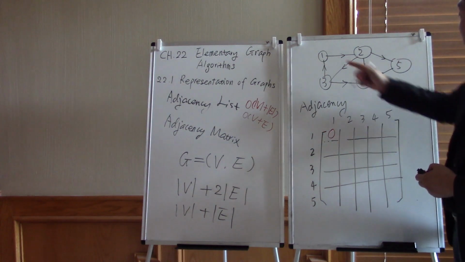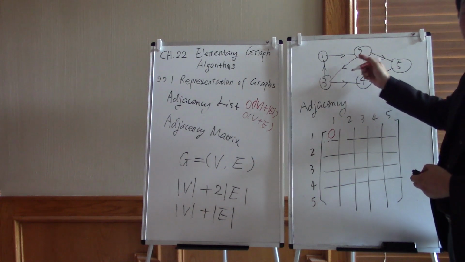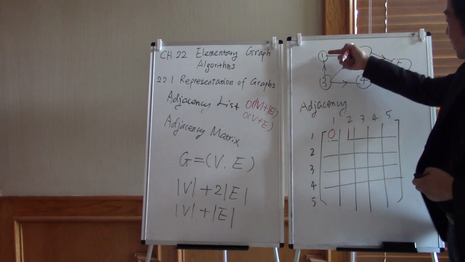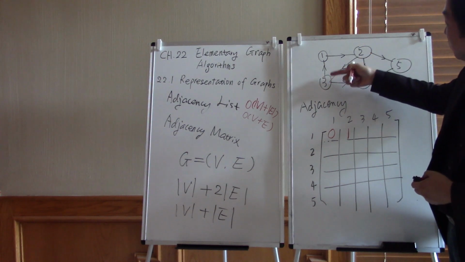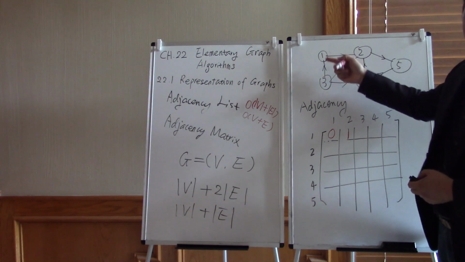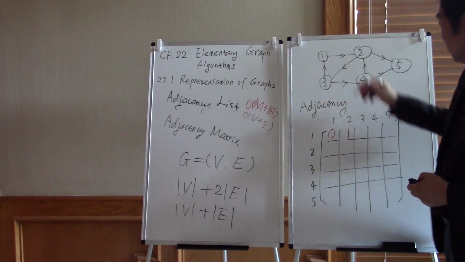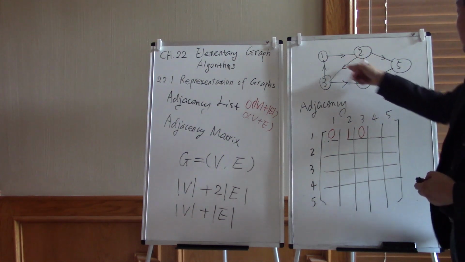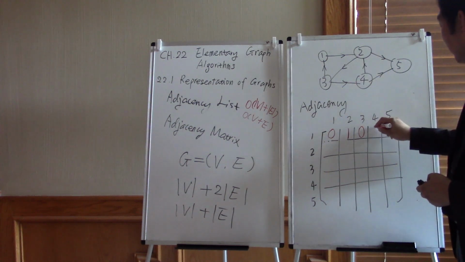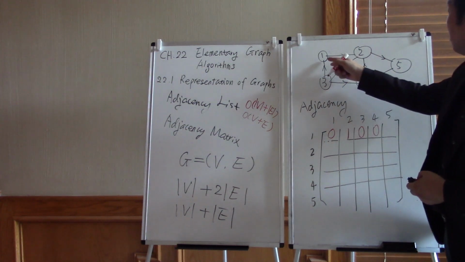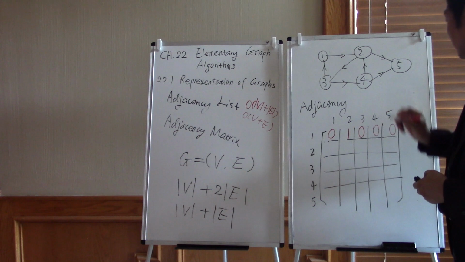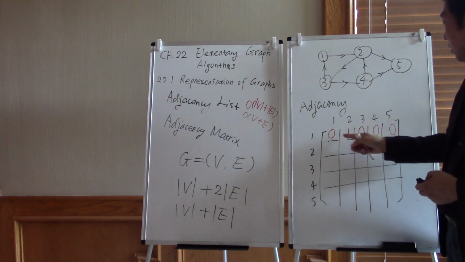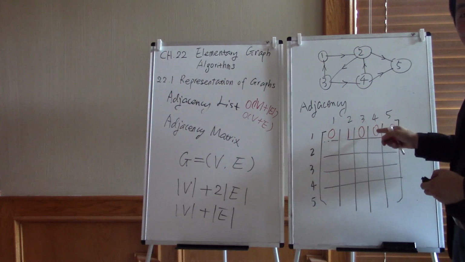Do we have an edge from node 1 to node 2? We do, so the entry here is 1. What about node 1 to node 3? We don't have an edge from node 1 to node 3. We only have the edge in the reverse direction, and that's a different edge. So from 1 to 3, it's a 0. What about 1 to 4 and 1 to 5? No edges, so they are 0. Node 1 has only one outgoing edge, so you only have one 1 in this row.